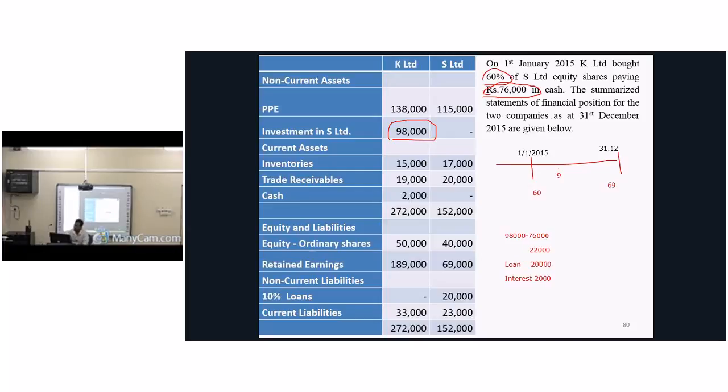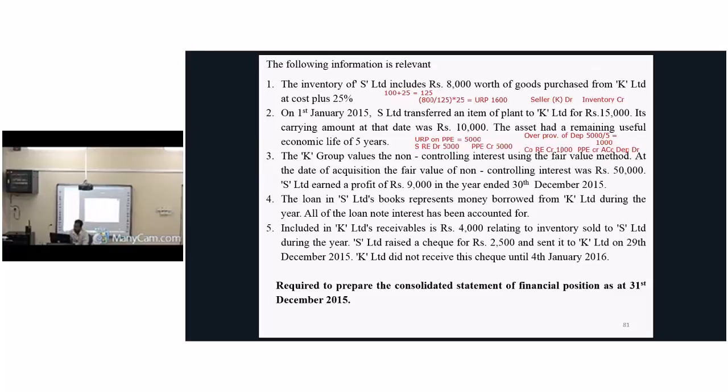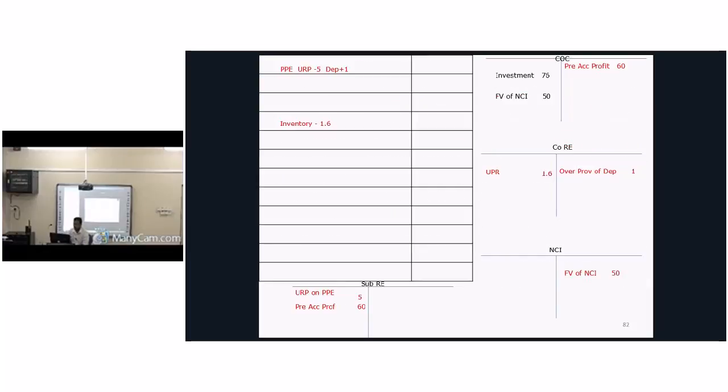Therefore, this loan should be cancelled against each other first. The loan balance here should be 0.